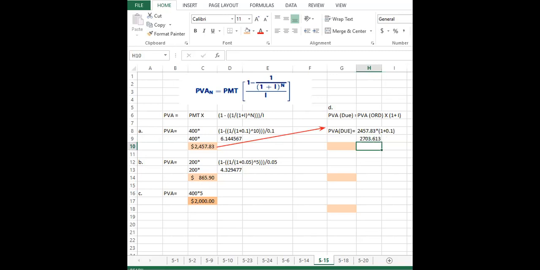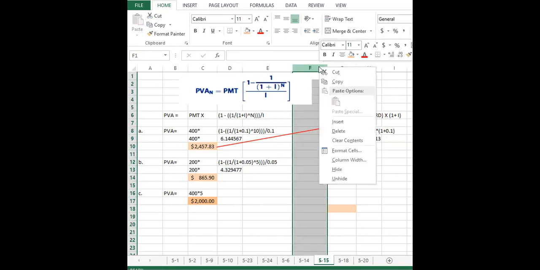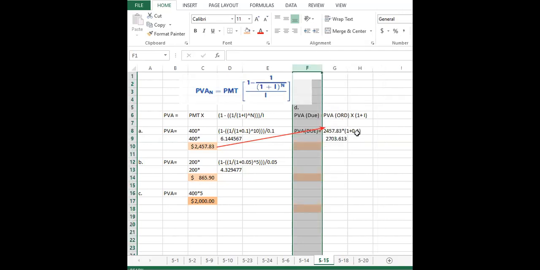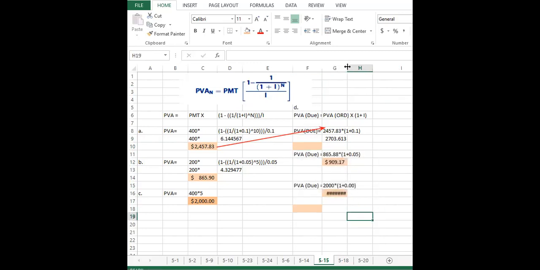Okay. Similarly, you can do other parts as well. So here is the answer.